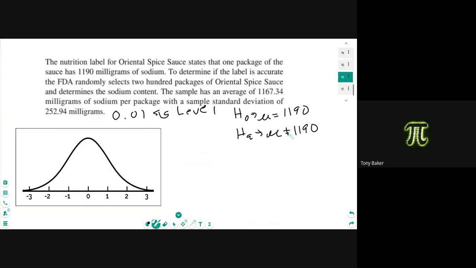And are we using T or Z for this one? Technically, this one's T because it's a sample. The sample has an average with a sample standard deviation, so it's T. There's 200 packages, so it's going to be up there, but it is technically T.